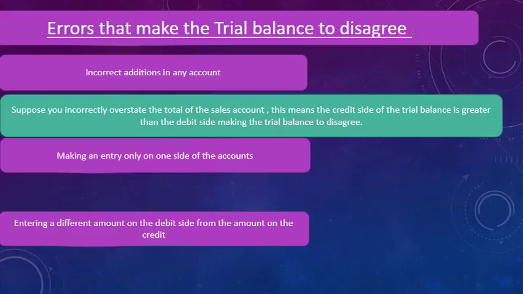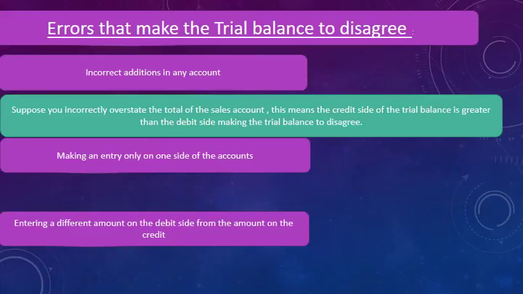Do you get it? If you overstate the sales account, of which the sales account normally has a balance on the credit side, it means the credit side is now larger than the debit side. Why? Because you've put in an amount that is not supposed to be there.